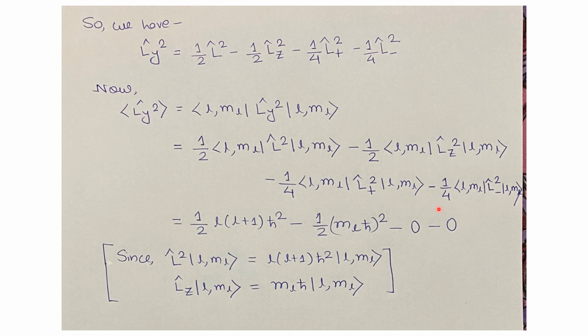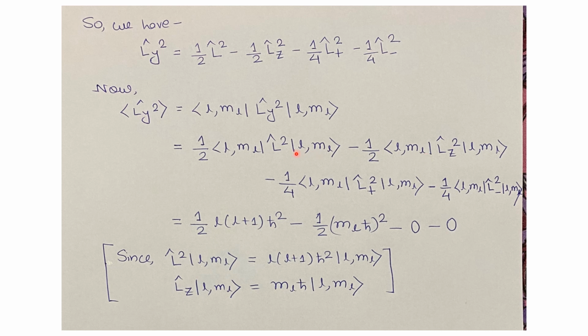Now we have seen this expectation value will be non-zero only when the ml value is 2 greater than this ml. But here it is the same, so it will give 0. By the same reason this element will also be 0. So effectively these two terms will be 0, but the first two terms will survive.